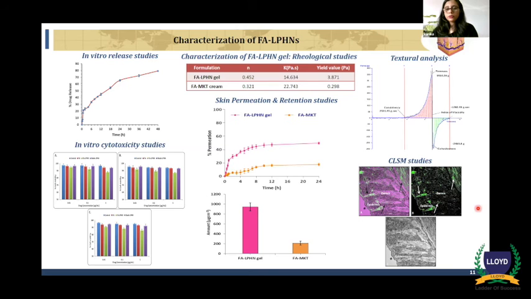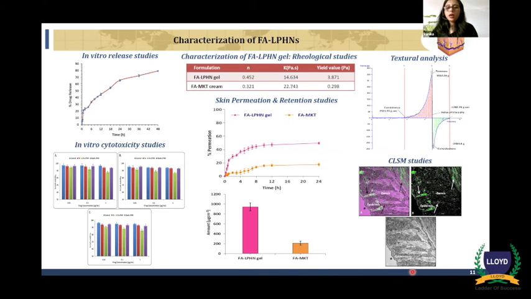Then coming on to the CLSM study, so basically this is a confocal laser scanning microscopy approach where the major thing is just to see whether these nanocarriers can reach the target layer or site. It could be epidermis, dermis, or just the stratum corneum.